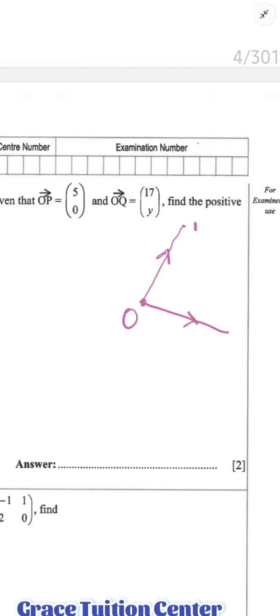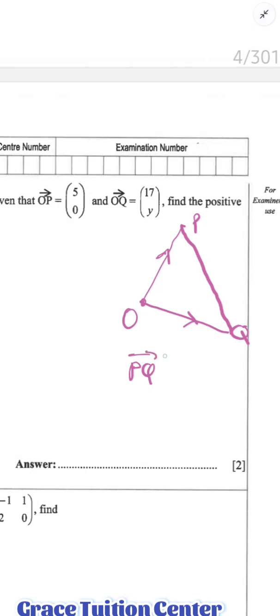So we are going to assume this is vector P, and we are going to assume this is vector Q. So if they ask you to find vector PQ, they are simply finding the line that connects those two vectors there. So for you to find vector PQ, all you have to do is find another way you are going to use to move from P to Q without using the direct route.